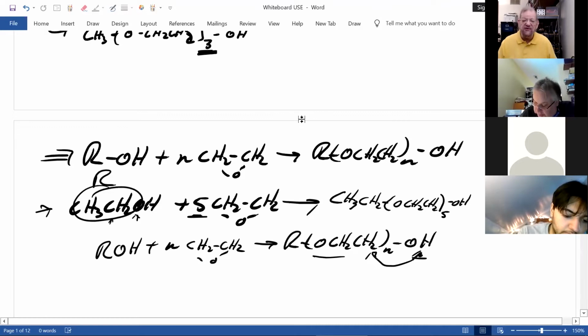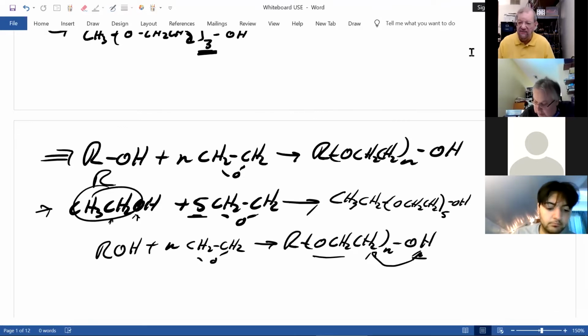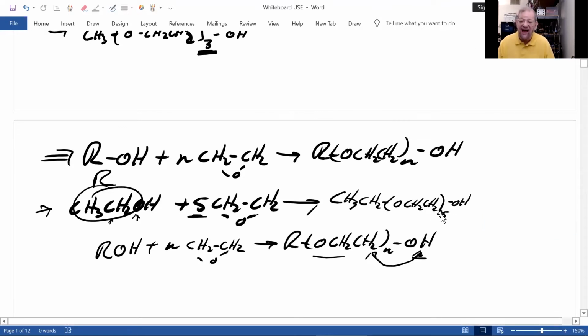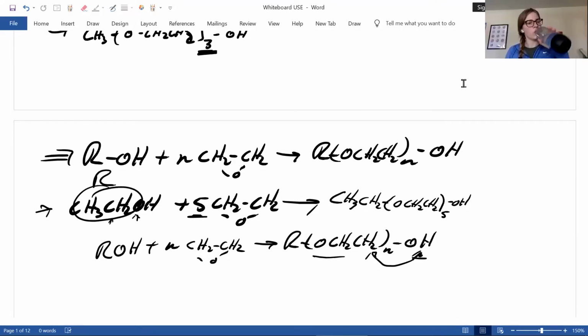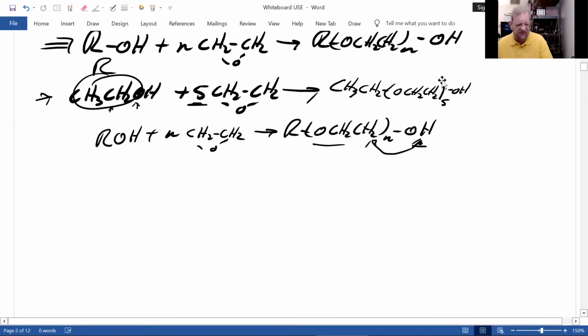Now, it turns out these types of poly, meaning many, ether alcohols are used in many things, including cosmetics and different personal care items and a whole lot of other things. So I better let you try one of these.